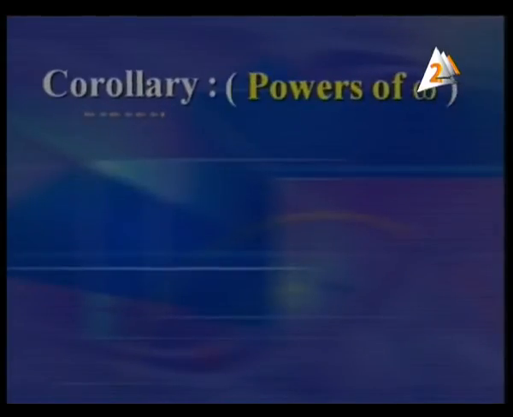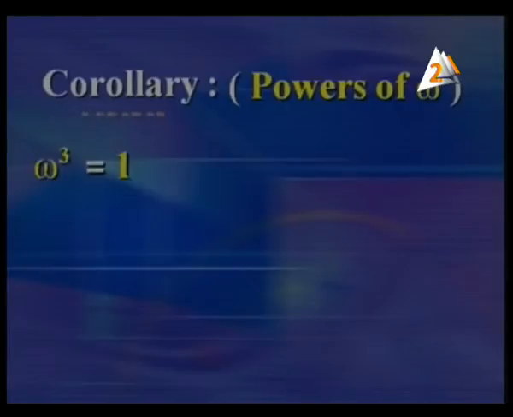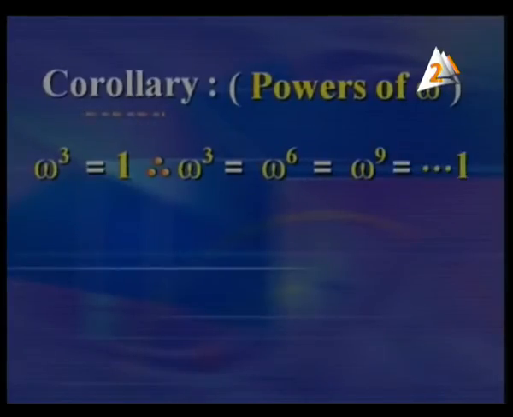Corollary: powers of omega. Dear student, we have omega cubed equals 1. Omega cubed equals omega 6 equals omega 9 equals omega 12, omega 15, and so on, equals 1. Remember, multiples of omega 3 equal 1.